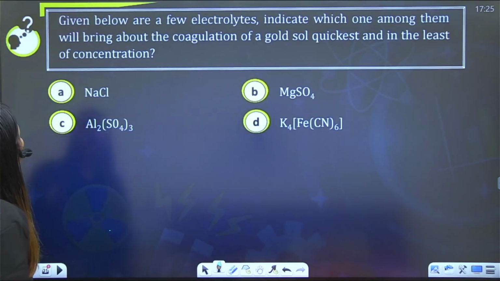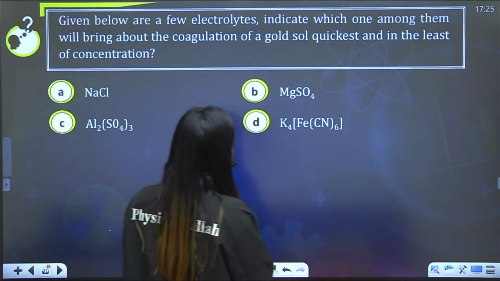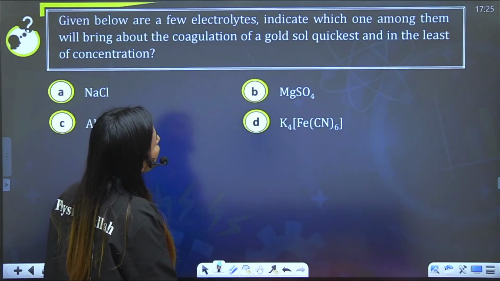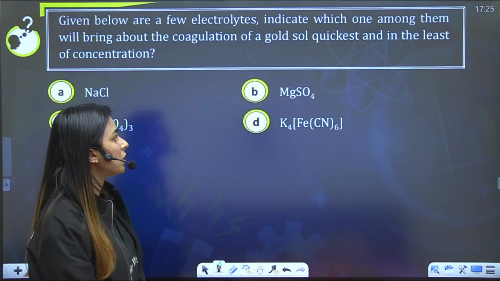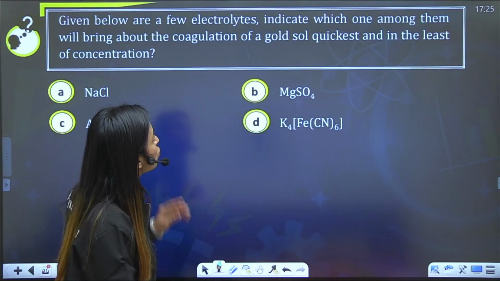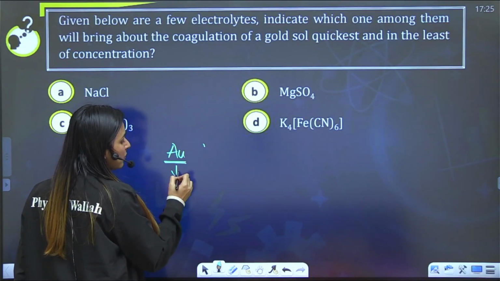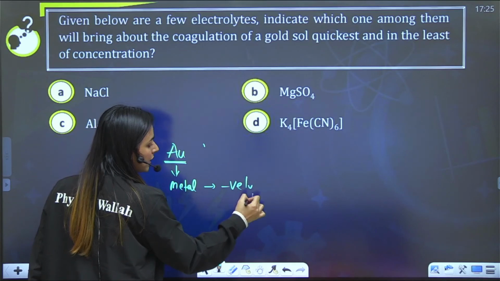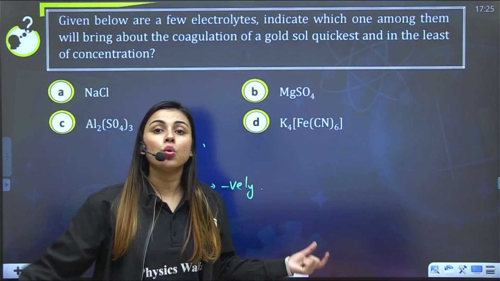Next. Given below are a few electrolytes. Indicate which one among them will bring about the coagulation of gold sol quickest and in the least concentration. So you have gold sol, my dear students. If you talk about gold, you will say that, ma'am, it is a metal, and since it is a metal, it will be a negatively charged sol. So for a negatively charged sol, what do you need?